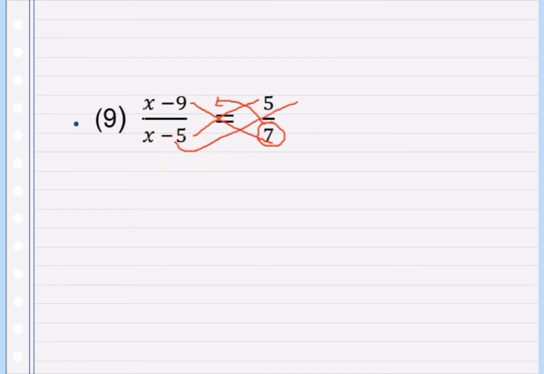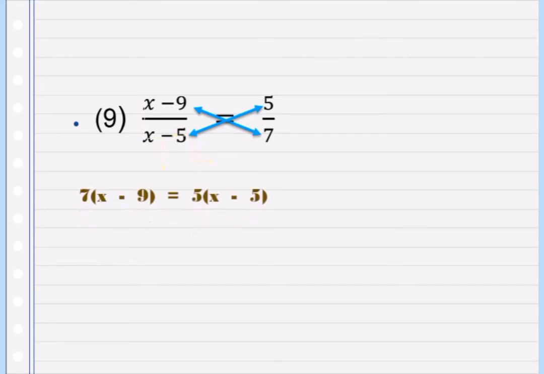Simply we apply the cross multiplication rule, my dear students. So simple. Is that clear? So we write 7 bracket x minus 9 is equal to 5 bracket x minus 5.